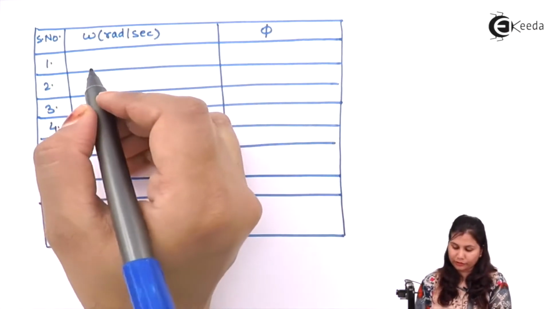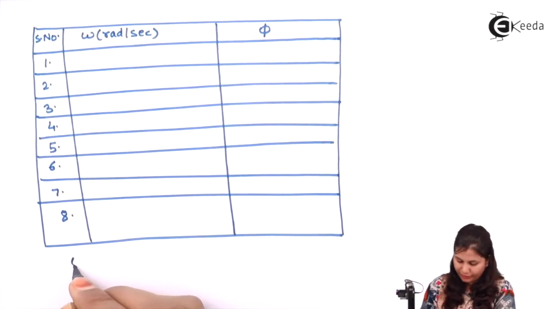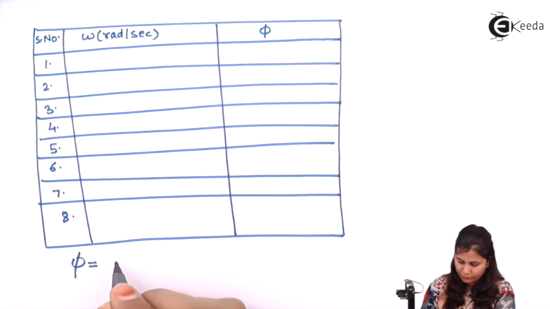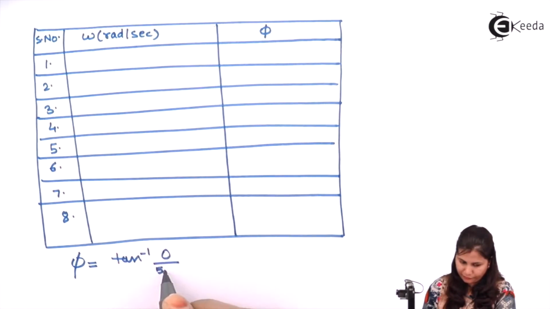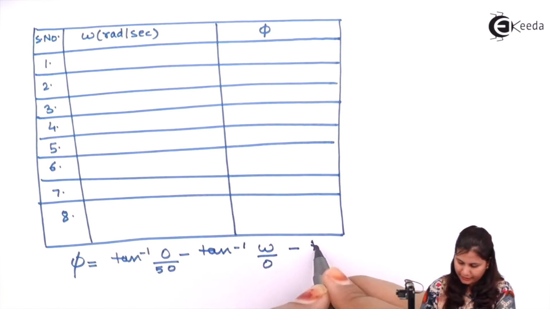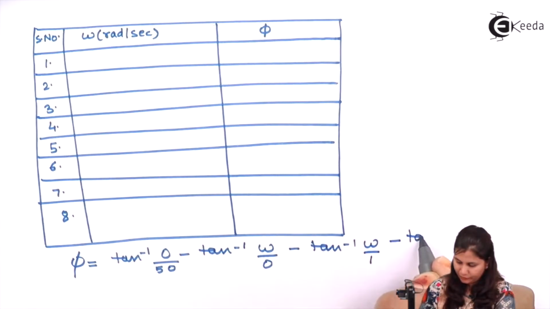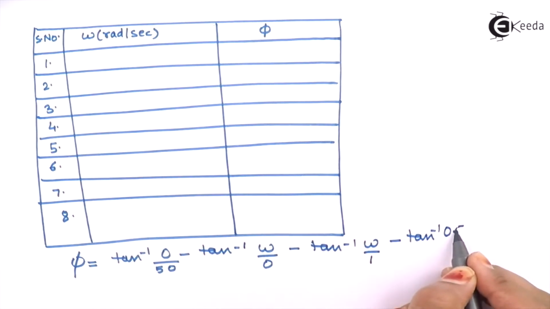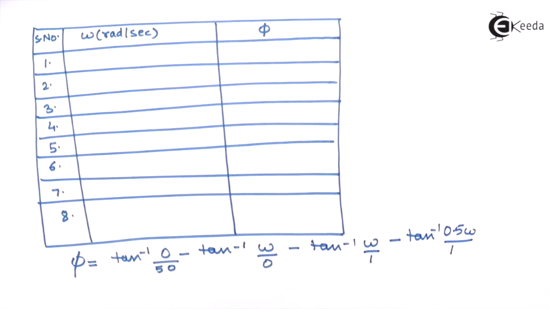So now for the phase plot we will use the phase equation, that is phi equals tan inverse of 0 upon 50 minus tan inverse of omega upon 0 minus tan inverse of omega upon 1 minus tan inverse of 0.5 omega upon 1.